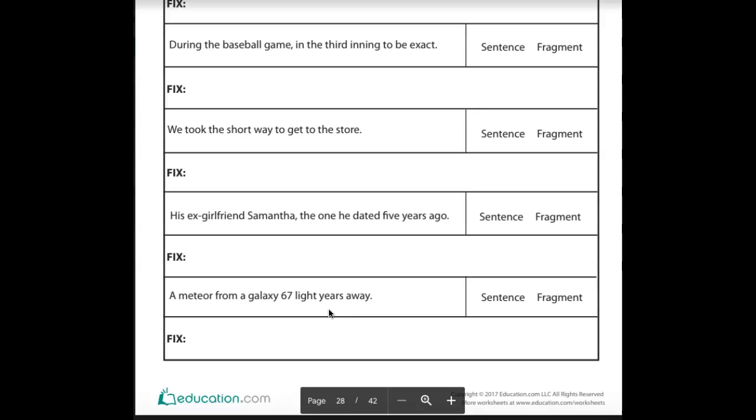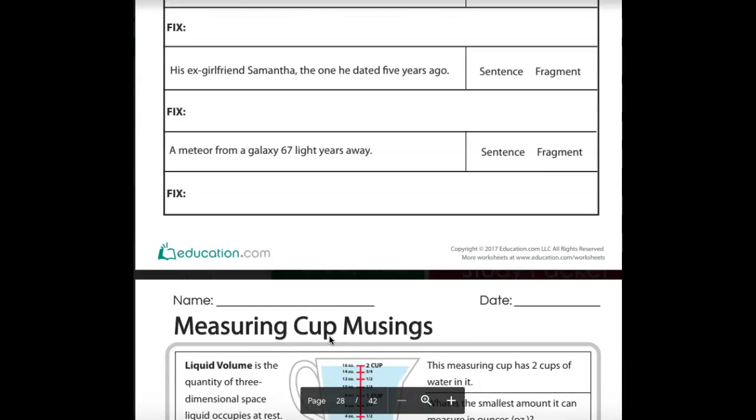What about the ex-girlfriend Samantha? All right, and then the last one, they're not numbered. A meteor from a galaxy 67 light years away. What about it? It doesn't tell. What about the meteor from a galaxy 67 light years away? Okay, so that's not a complete thought. So fix that and make that a complete thought. I just gave you a hint.